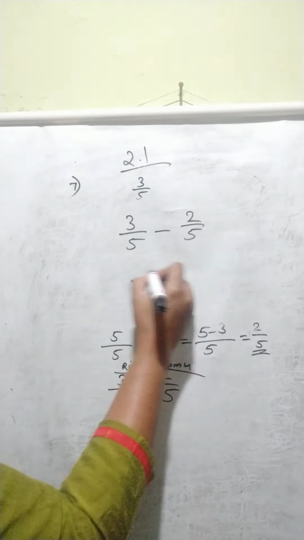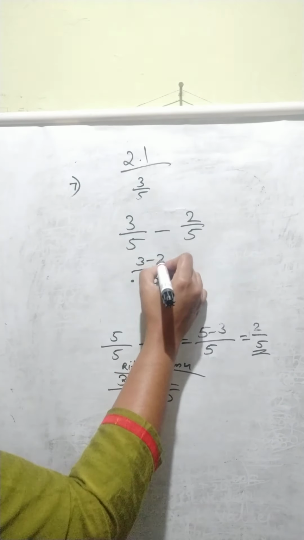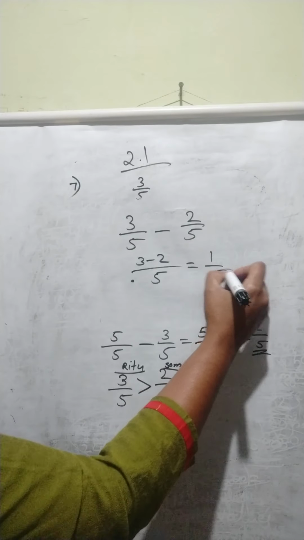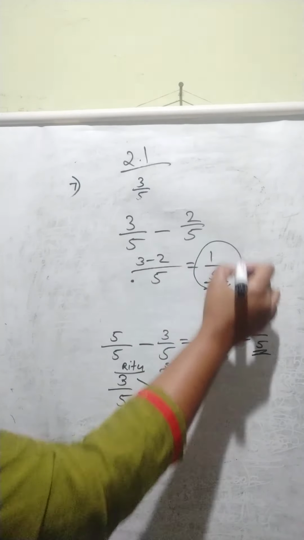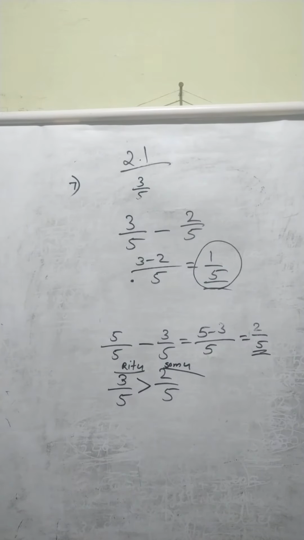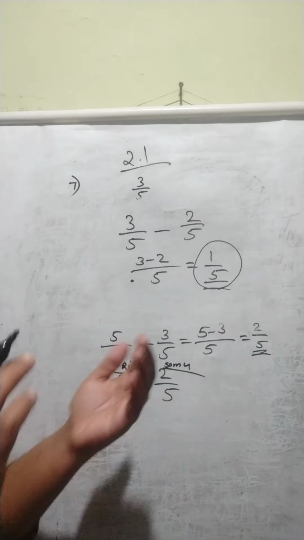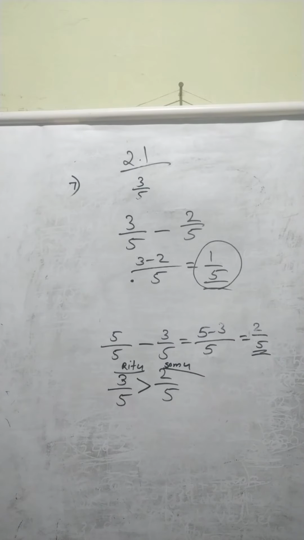So 5 is the denominator, then 3 minus 2, that is equal to 1 on 5. So Ritu's share is larger than Somu's share by 1 on 5. Clear?